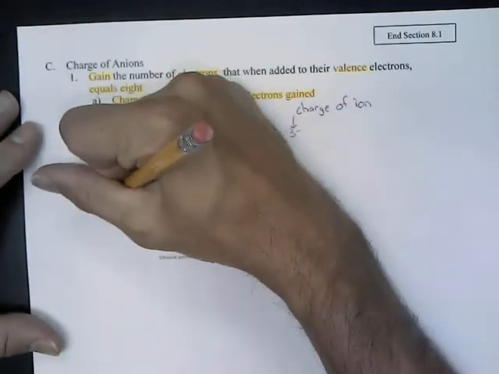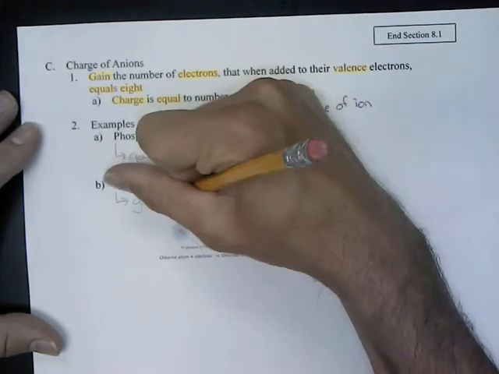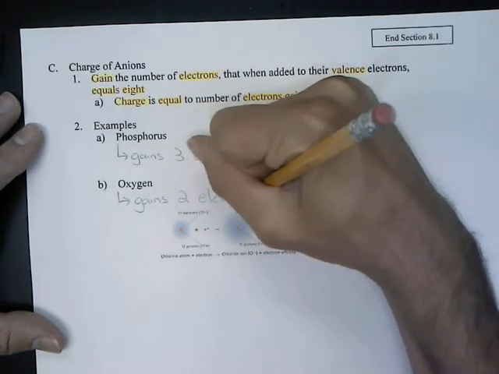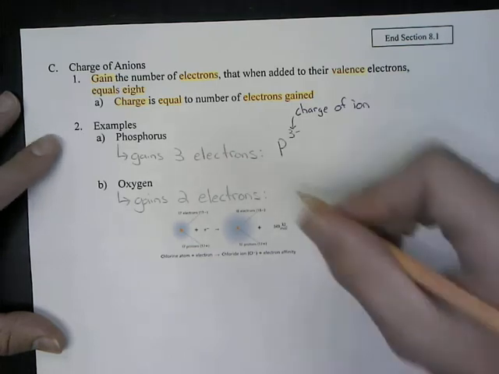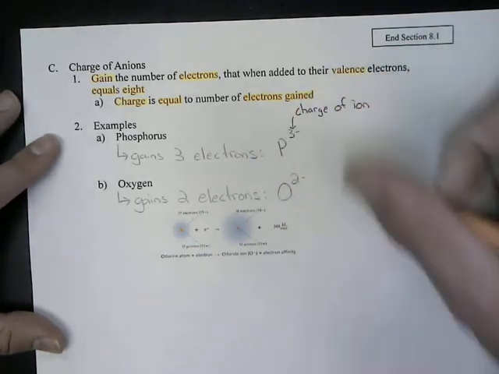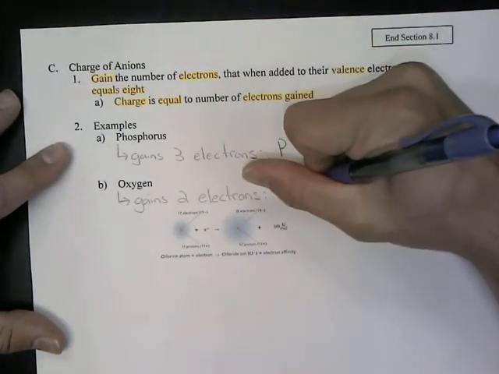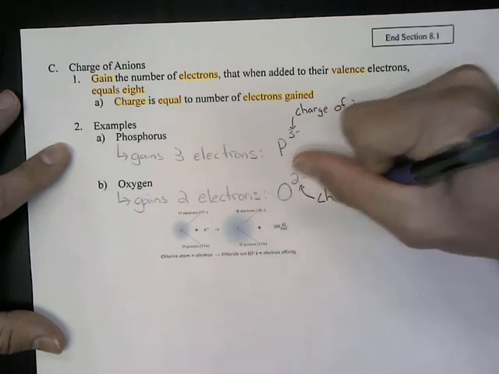So oxygen gains 2 electrons, and when oxygen gains 2 electrons, it becomes an anion with a 2- charge. And again, that 2- is the charge of the ion.